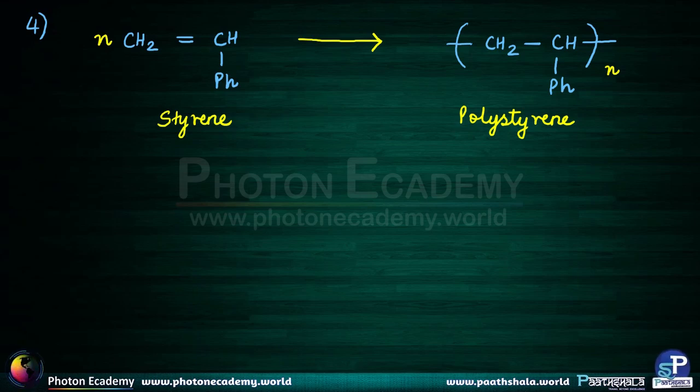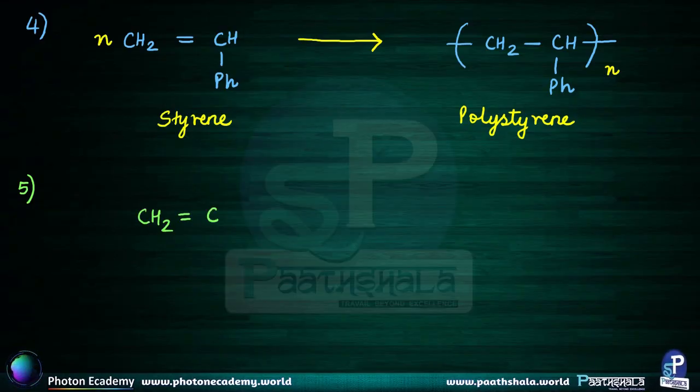The fifth one that we'll be dealing with has the monomer, which is CH2 double bond CH with a Cl, and n units of this monomer is called vinyl chloride.